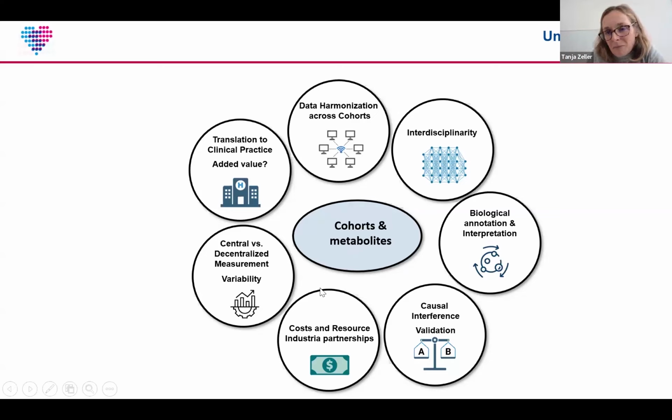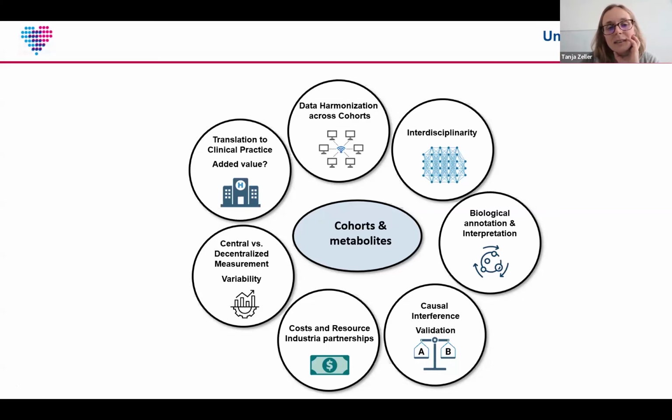Yes, we had a lot of costs for this entire project, but we greatly established our resource and were very, very successful with our industrial partnerships. As I said, within BiomarCaRE, we had central biomarker measurements. All the different samples were sent to our lab, so that was also a huge effort.